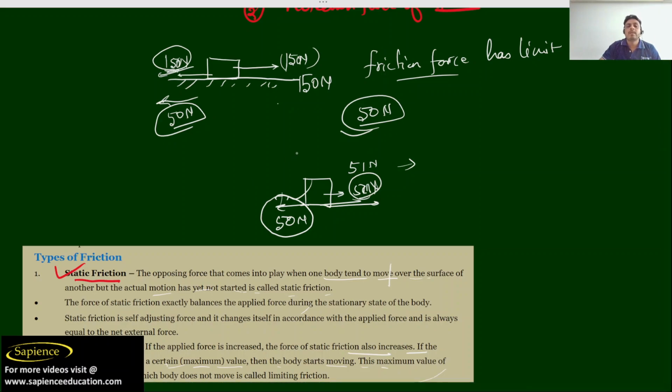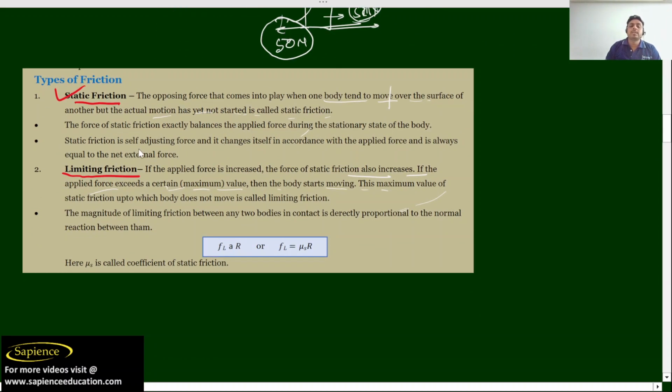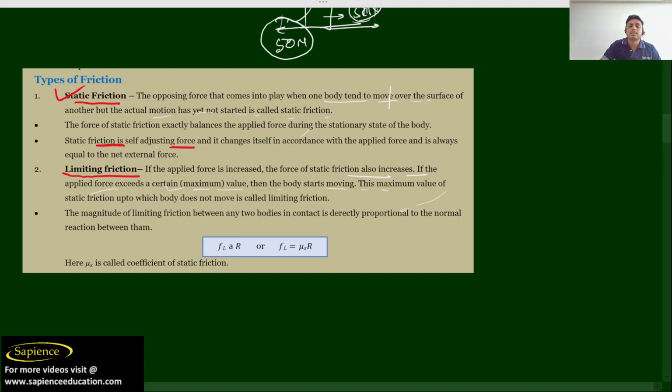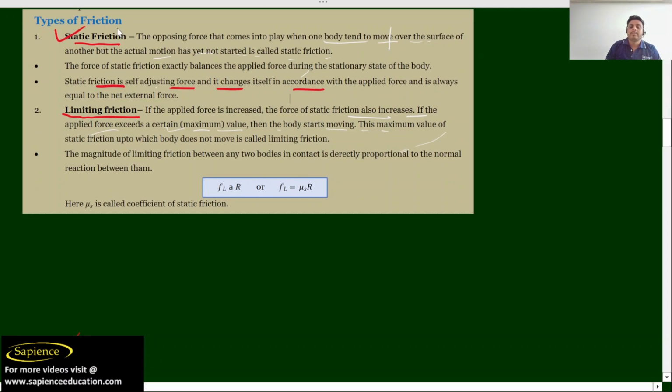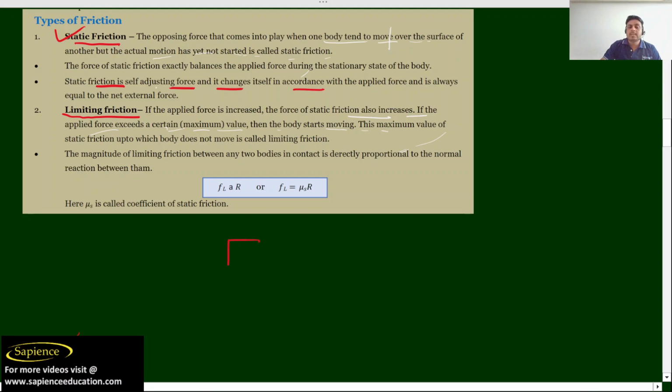Understood? Now one thing I want to make clear: static friction is known as self-adjusting friction force. Why is it known as self-adjusting friction force? Try to understand. Till the body is at rest, let us consider this body, and I am applying a force of 10 Newton.